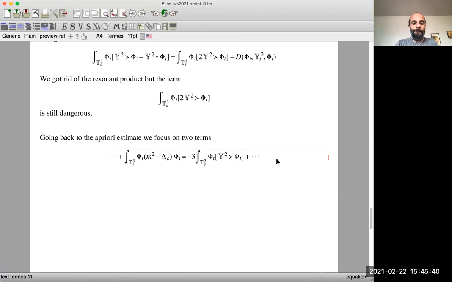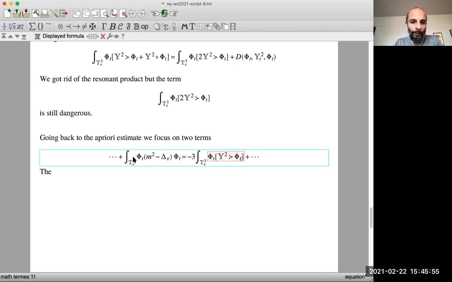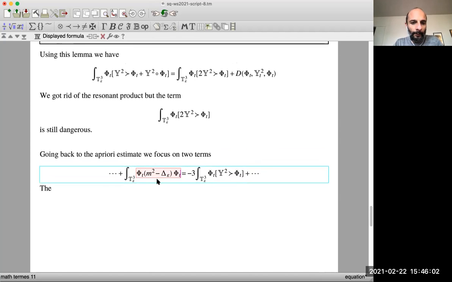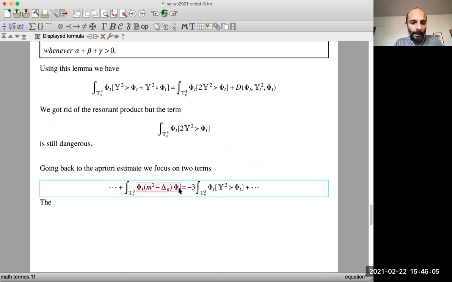So the idea now, I think a part of all this business, is to find ways to cancel bad terms like this one with good terms like that one. And this one is the only one which can cancel this term, okay? Because the idea is that phi is not regular enough to allow you to take the Laplacian or even one derivative of it, and the reason is because there is this term on the right-hand side.